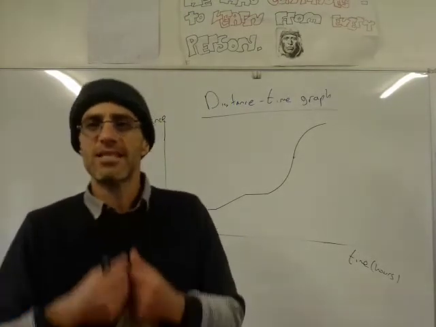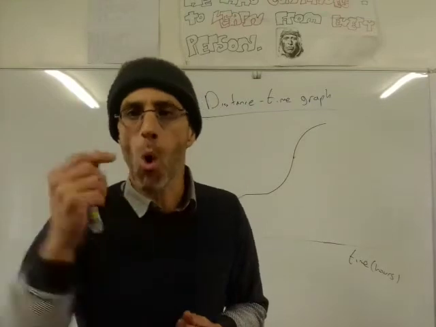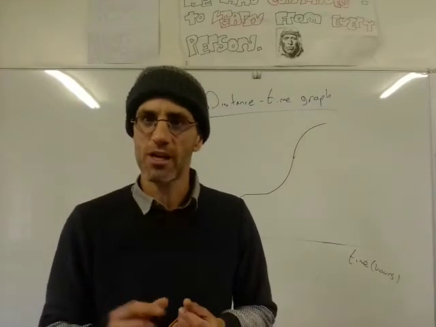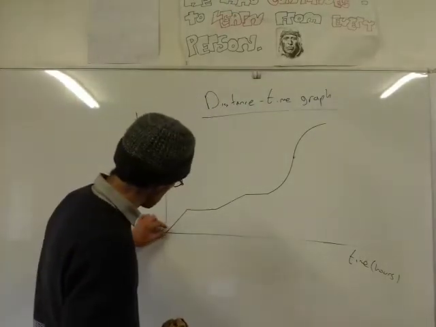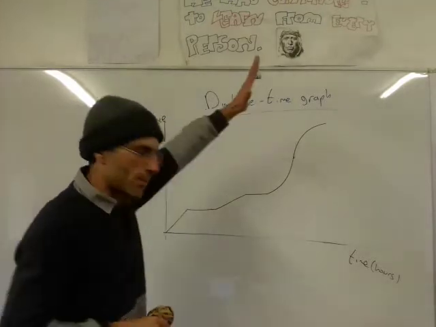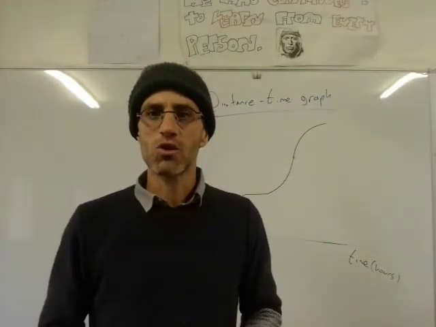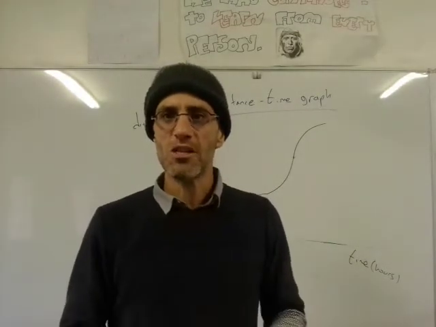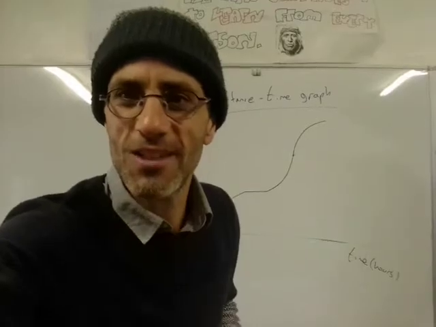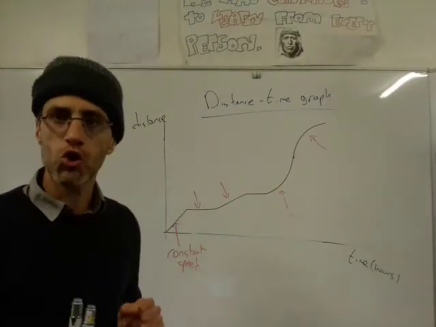If the distance increases at the same rate, the rate of distance is always the same, it's constant. After 10 minutes, you drove that much. After another 10 minutes, you drove that much. It goes up in the same way. That means that the speed is constant. So let's just write that down. Straight line means constant speed.